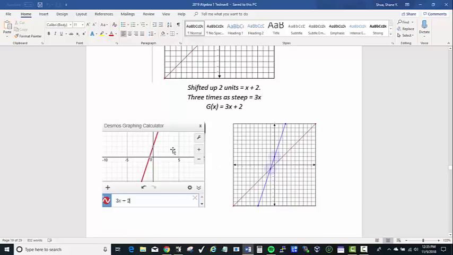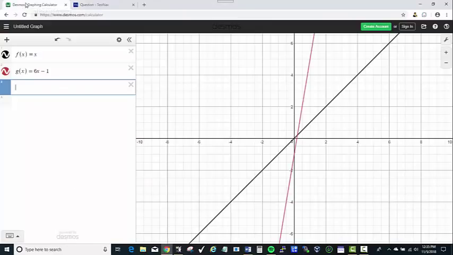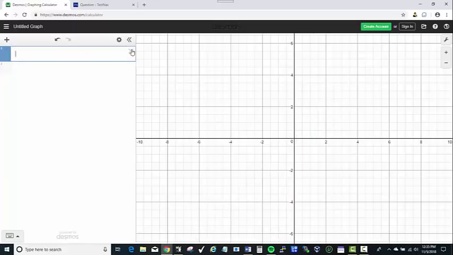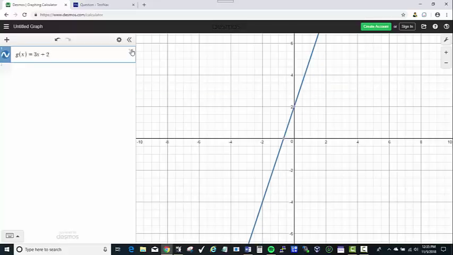So, using Desmos, g of x equals 3x plus 2. Here are your points.